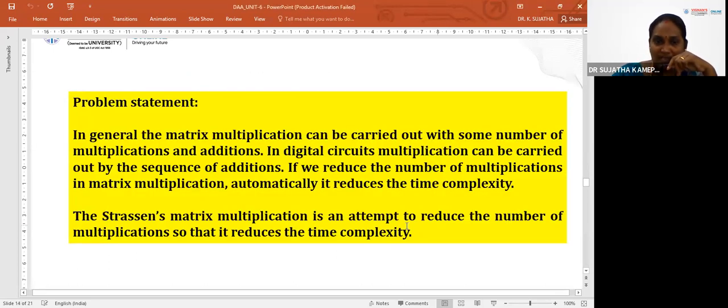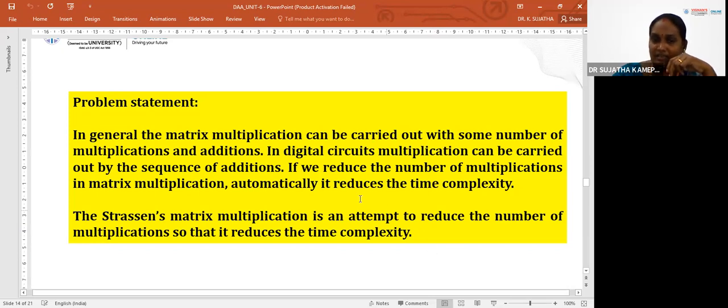Coming to the problem statement, in general, matrix multiplication can be carried out with some number of multiplications and additions. In digital circuits, multiplication can be carried out by a sequence of additions. That is, if we reduce one multiplication, we are reducing some number of additions.